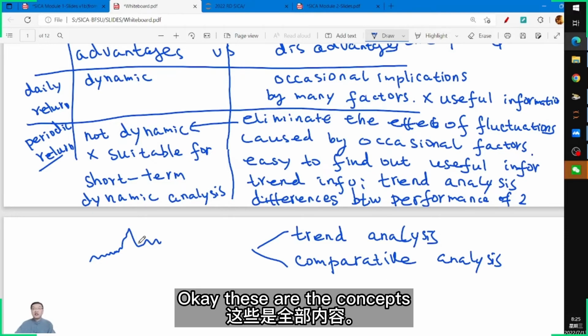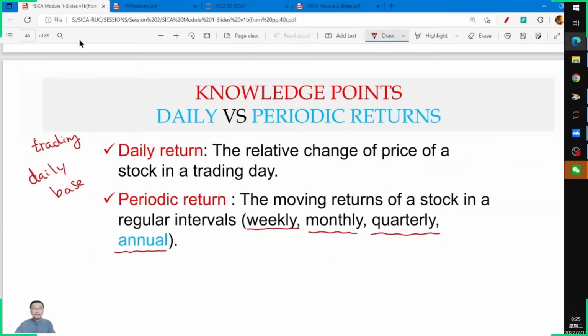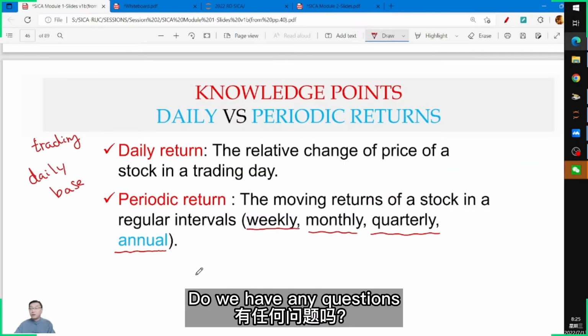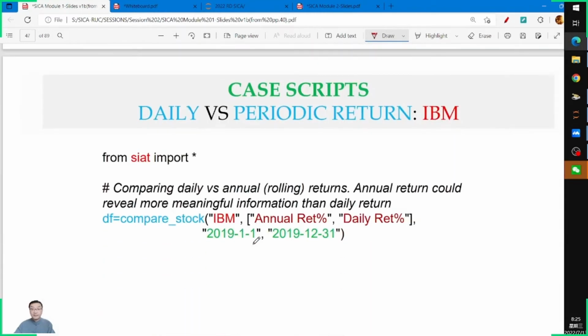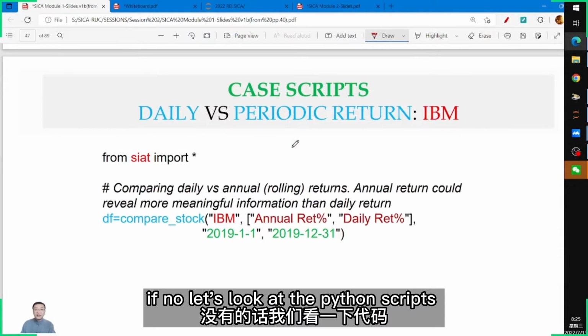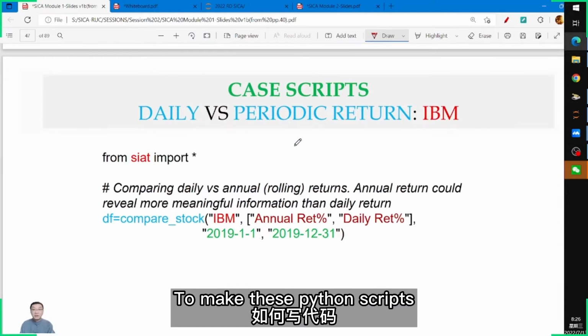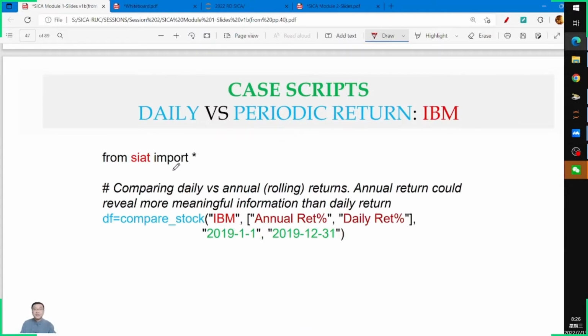Okay, these are the concepts. Do we have any questions? If not, let's look at the Python scripts to make these pictures.